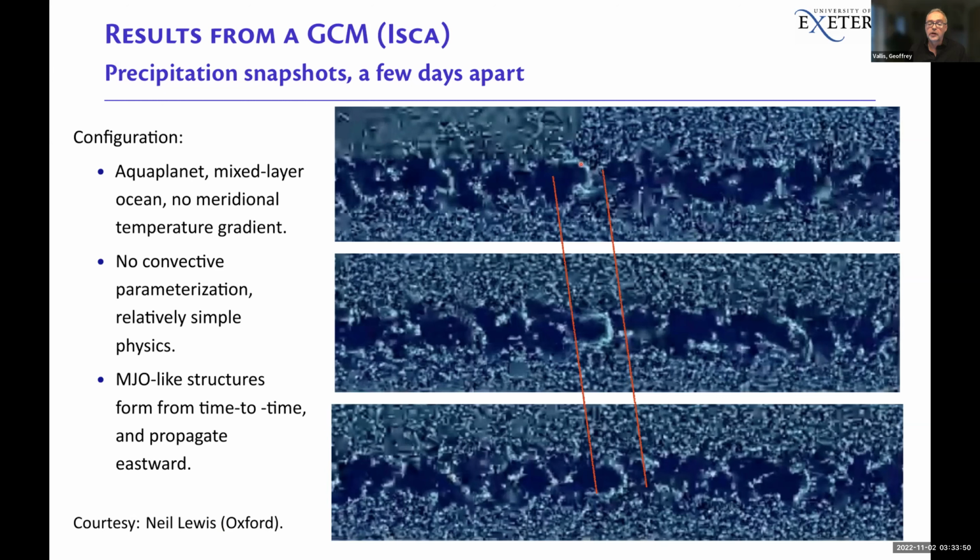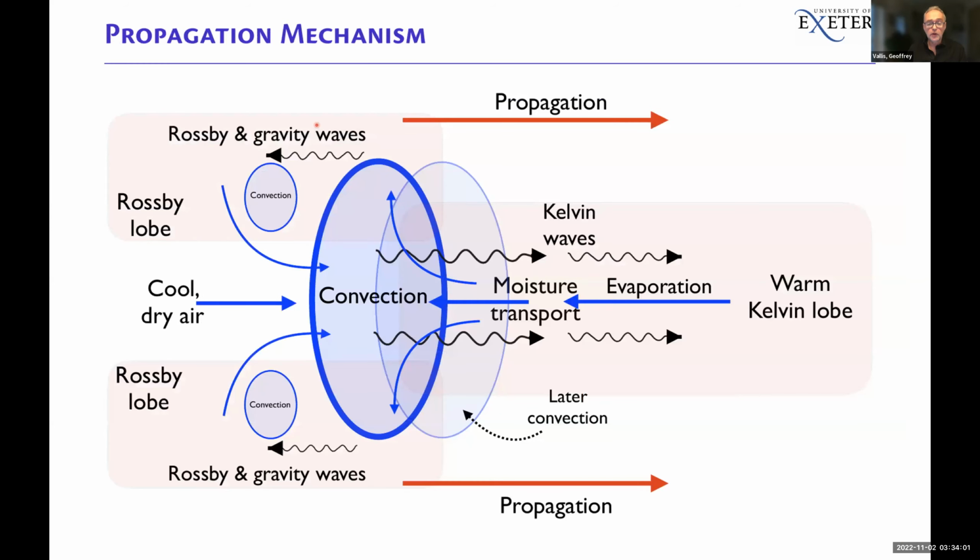You can see an MJO over here moving off to the right with the same kind of precipitation pattern in this general circulation model. So what's going on, and can we further simplify it?